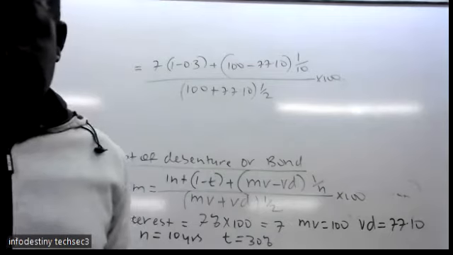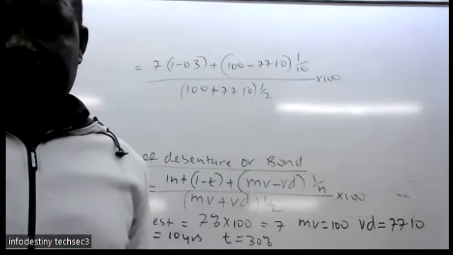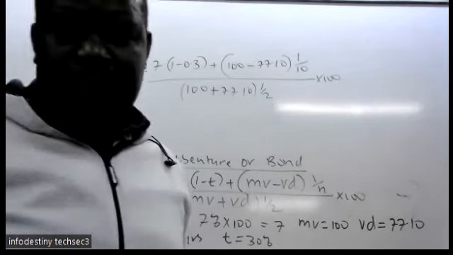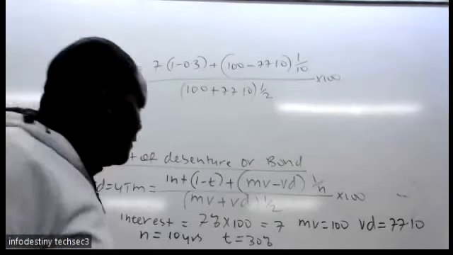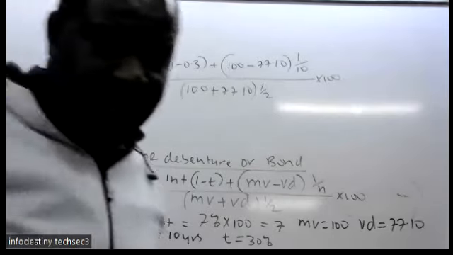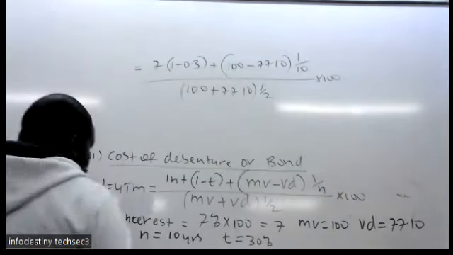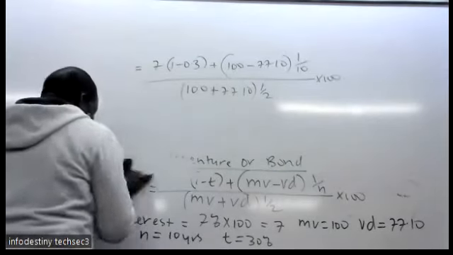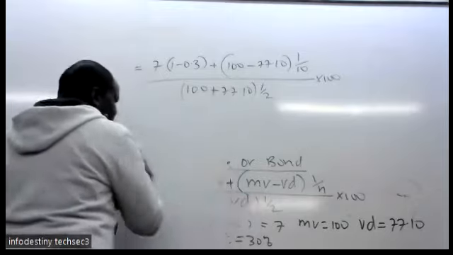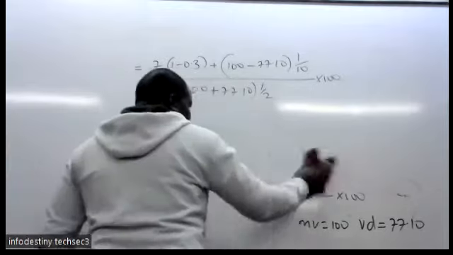So which percent is it? 8.12. Now after that, we get the WACC. From there, we calculate the weighted average cost of capital.